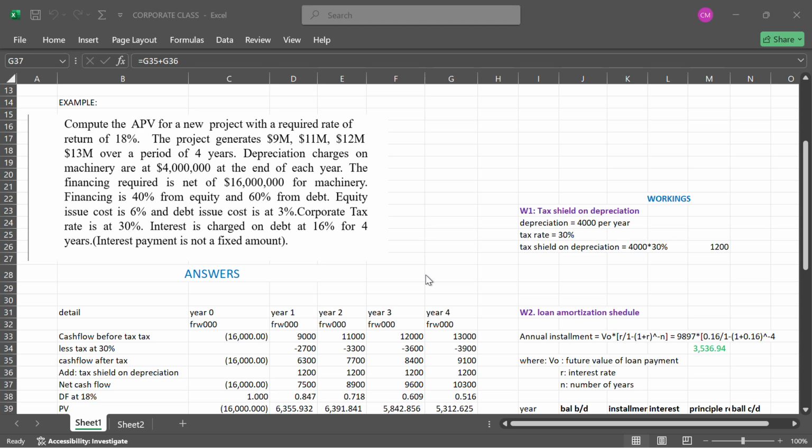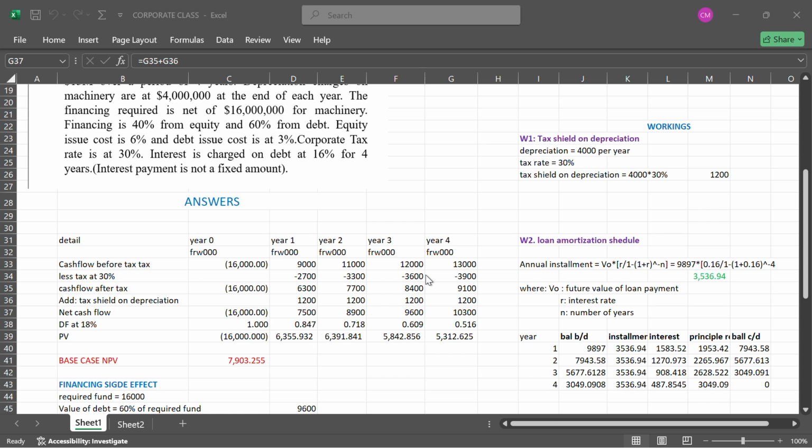So here are some answers as I have worked on them. We will try to understand this step by step. Okay. Here are the answers. Firstly, as you know, they have told us we have 4 years on hand, which start from year 1, year 2, year 3, and year 4.